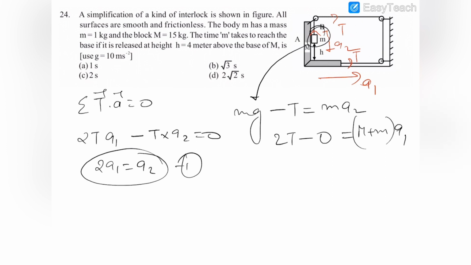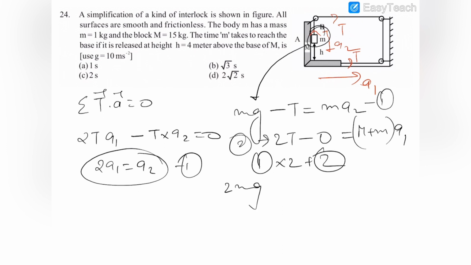Now if we further simplify, and multiply equation 1 by a factor of 2 and add these equations, then equation 1 into 2 plus equation 2, the 2mg and 2T would be cancelled out, so 2mg will be equal to 2ma2 plus ma1 plus ma1. And we know that a2 is equal to 2a1.